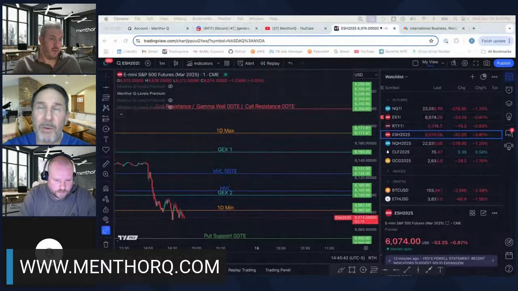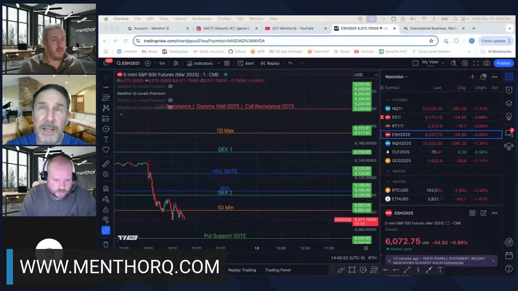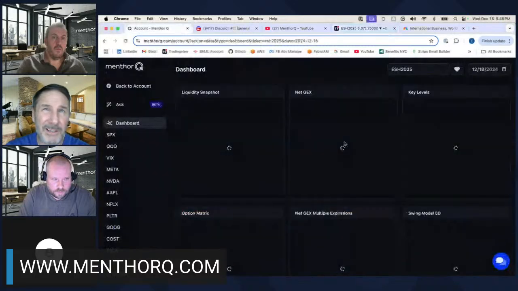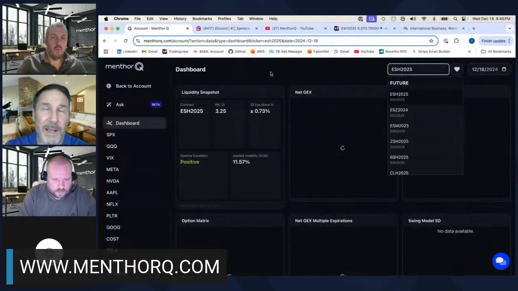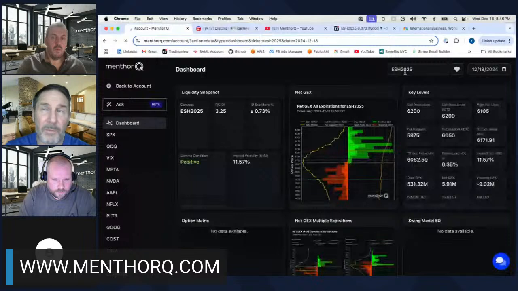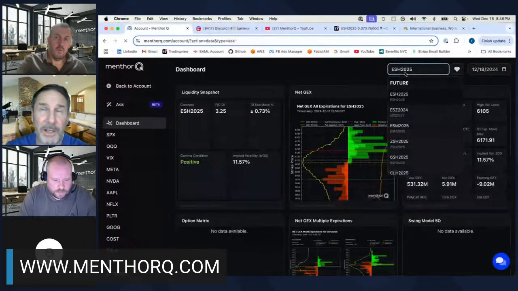That's been such a powerful tool that I learned from Menthor Q: looking at the VIX intraday relative to the levels. I'd always known about the VIX and kind of looked at it, but now I look at it before every index trade.